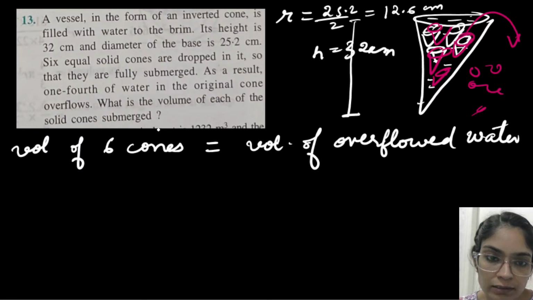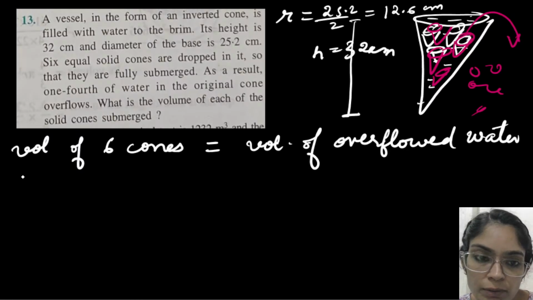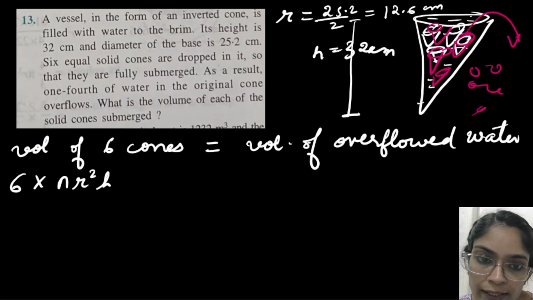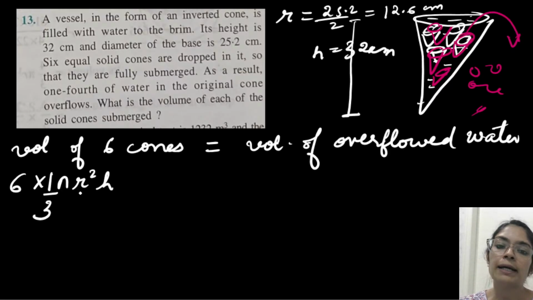These 6 cones are the smaller cones. So their total volume will be 6 into 1/3 pi r square h, because it's a cone. For smaller cones, I am using small r and small h.